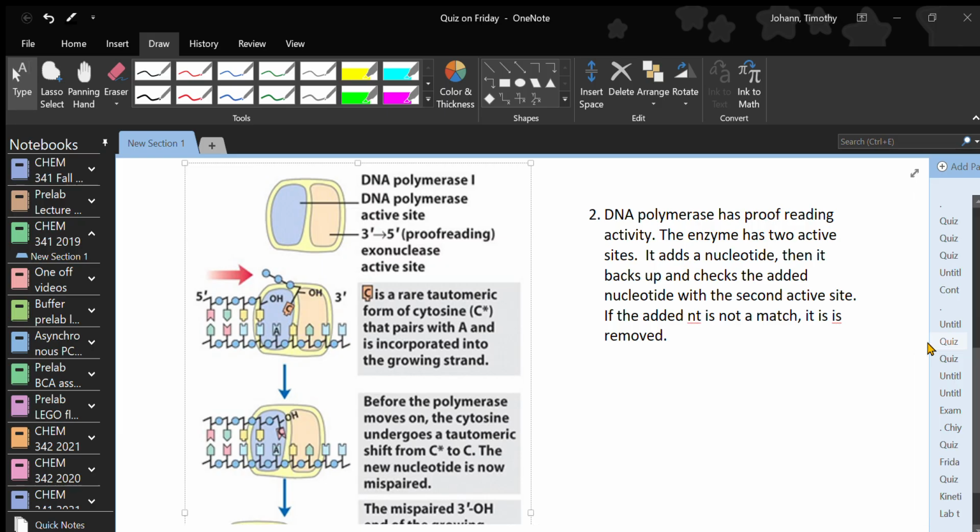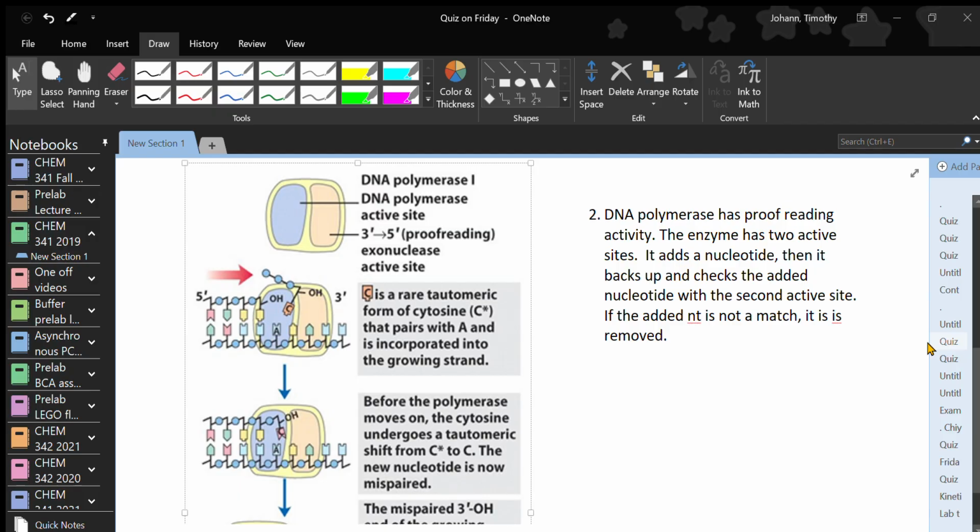Yes? For the first method, how is that a mechanism to ensure, like with the first one, A pairs with T and G pairs with C, but it's not perfect, so you have other things. The important thing is A pairs with T and G pairs with C, but they have to fit in the active site. If you just take A, T, G, and C and throw them in solution, outside of the enzyme active site, you'd have a lot more errors.